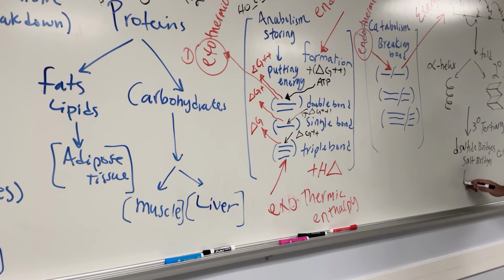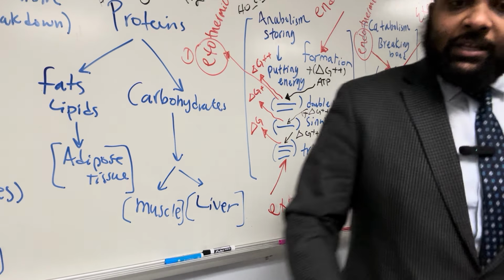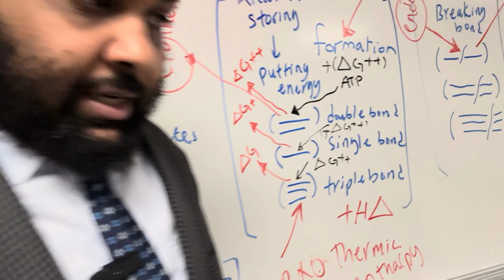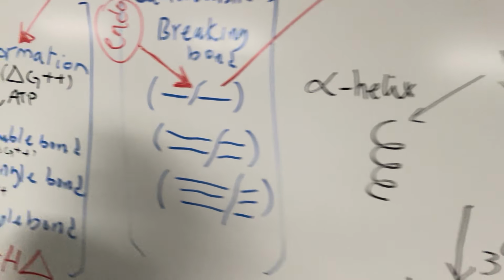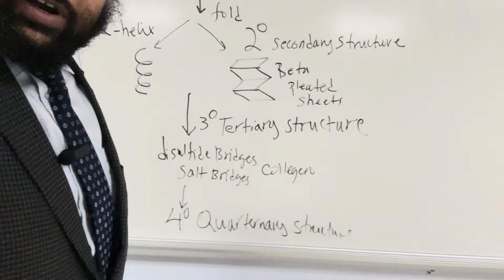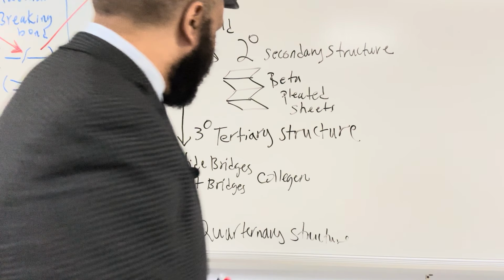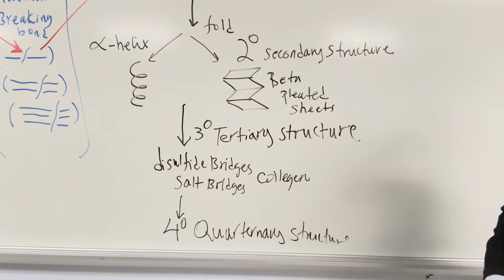And then there are peptide interactions that are going to give us number 4, quaternary structure. An example of that is our good friend hemoglobin that we will discuss today.